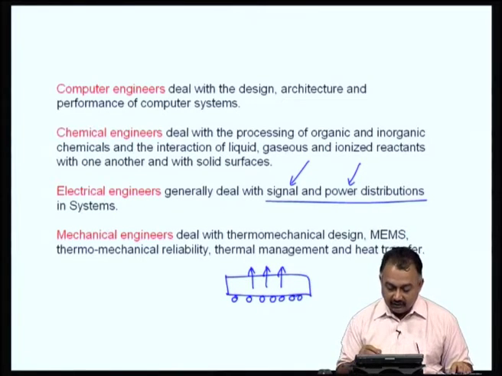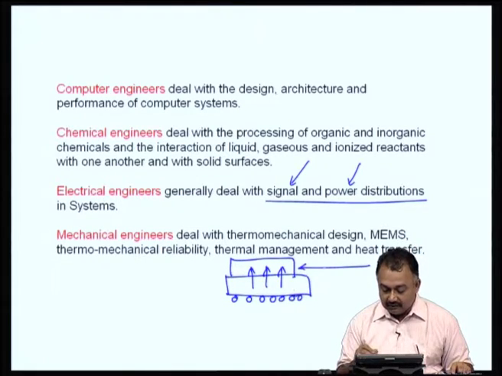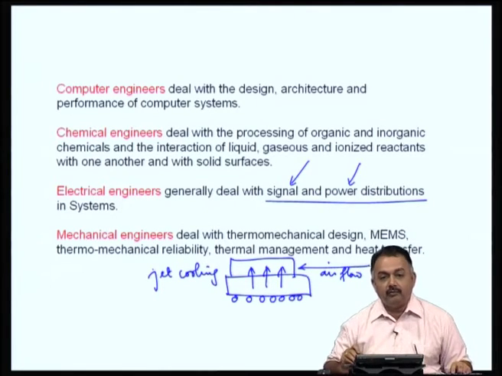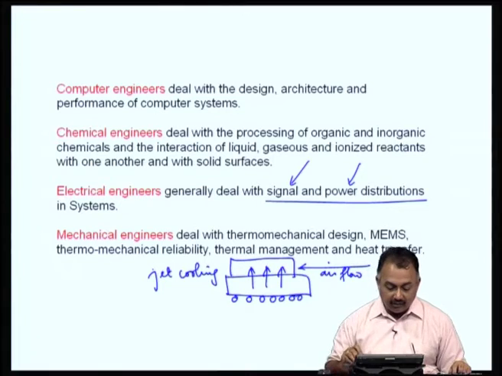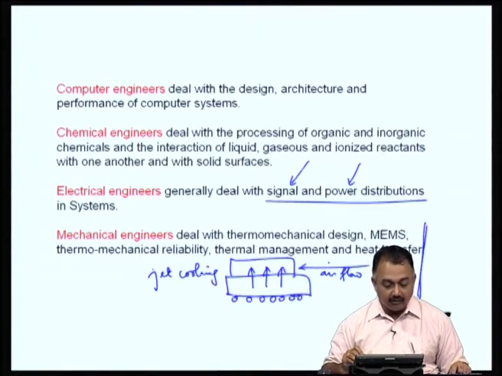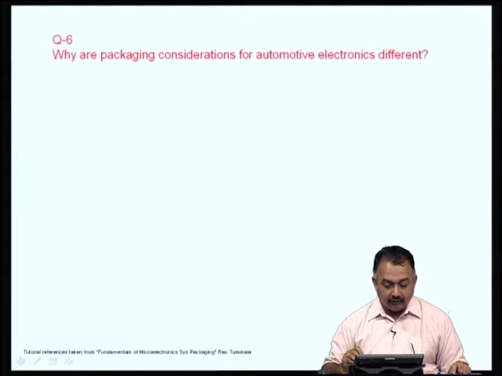Mechanical engineers can tell us what type of heat sink you can place, or whether you can use some convection based airflow mechanism, or impinged jet cooling to quickly remove the heat, and so on. So, thermal management and, as a result, thermomechanical reliability and heat transfer are very important areas where mechanical engineers can contribute in the realm of packaging.